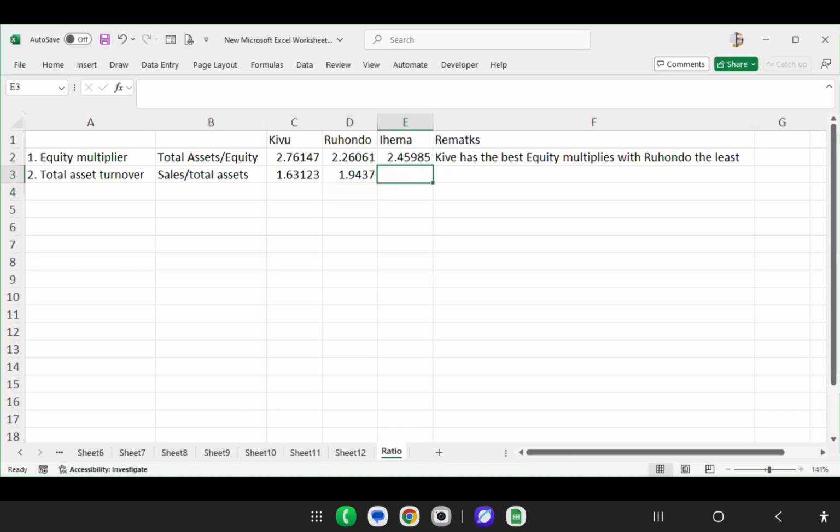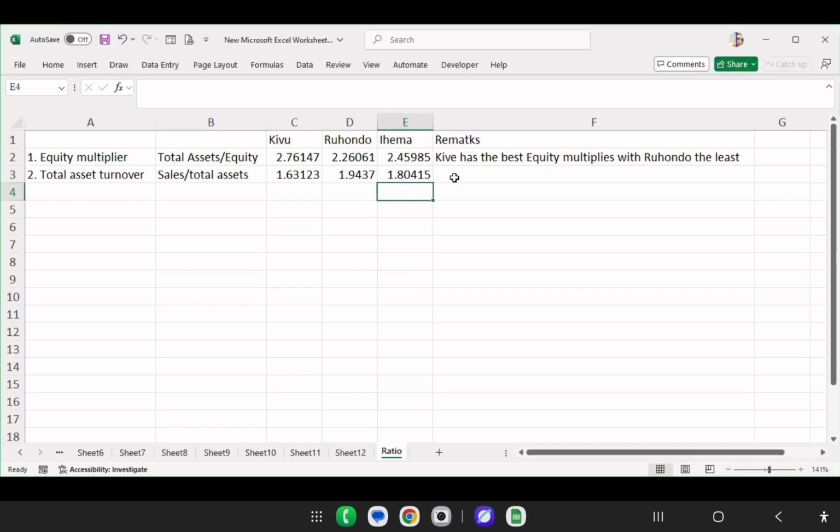Then the last one, sales 60.8 divided by 33.7.